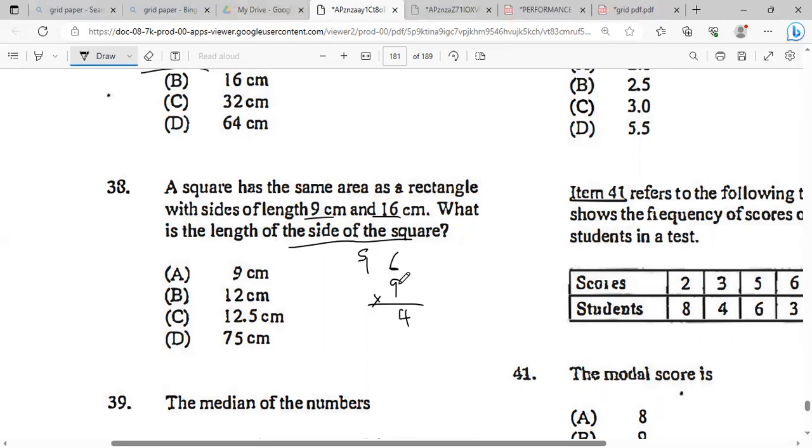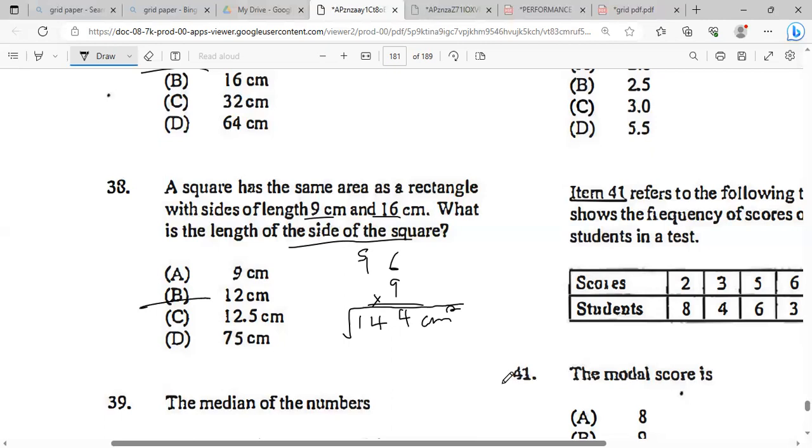Both of them have the same area. So 9 times 6 is 54, 5 carry 4. 9 times 1 is 9, and that's 14. So that's 144. Now the area of the square is 144 square centimeters. In order to find one side, find the square root, which is 12. Only 12 times 12 can give you that.